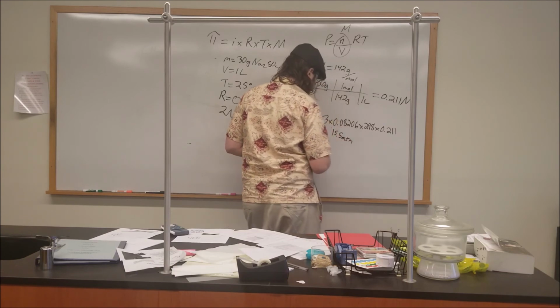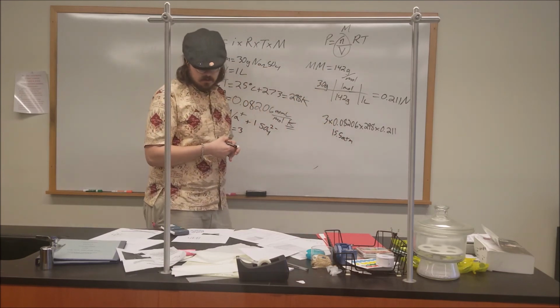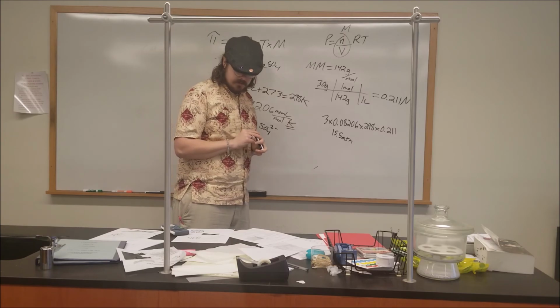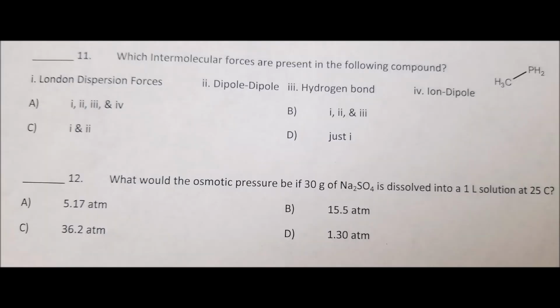A rather large osmotic pressure, for answer B. Well, that is the end of page 2 of this test. I hope to see you again as we finish this test on page 3.